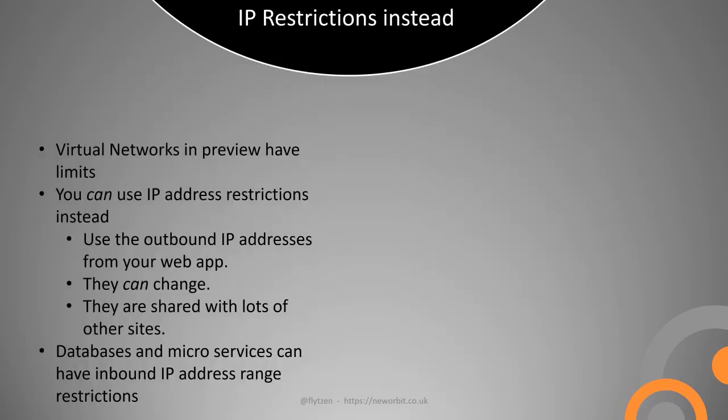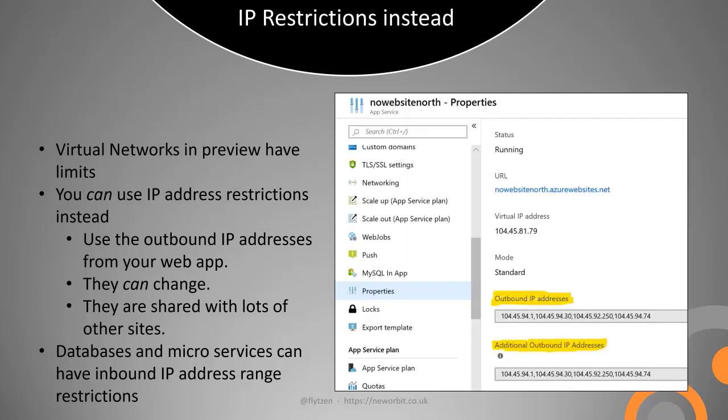There's another option. You can use IP restrictions instead. So what you can do is you can go into your web app and you can find all of these outbound IP addresses. And then you can go onto your database or whatever and add all of those to the firewall rules and switch off Azure Access, and then that will work.